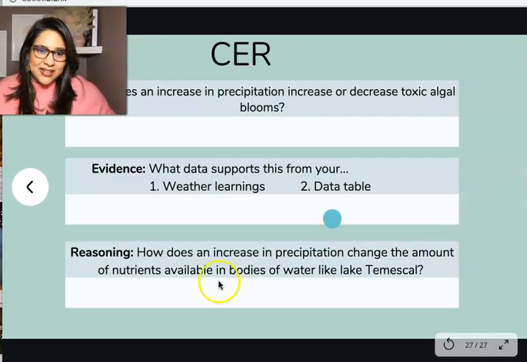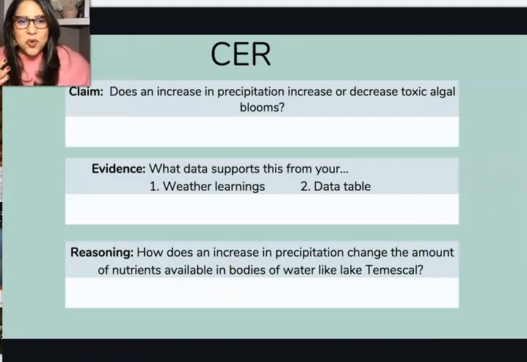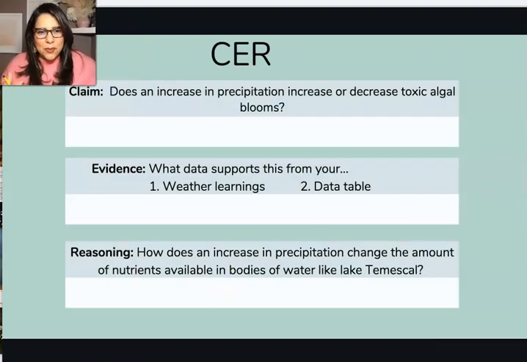I've included some questions and prompts to help guide you as you complete this graphic organizer for claim, evidence, and reasoning. Next to claim, I put the following question: does an increase in precipitation increase or decrease toxic algal blooms?